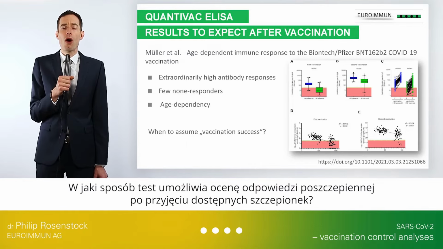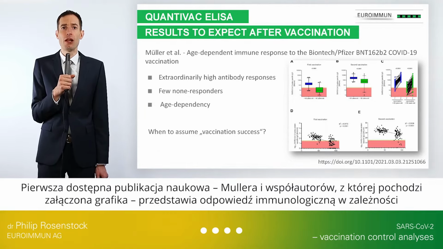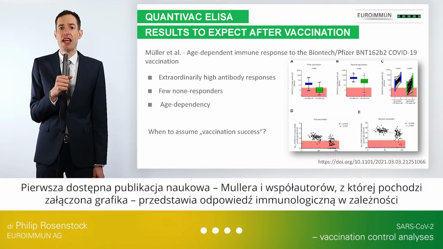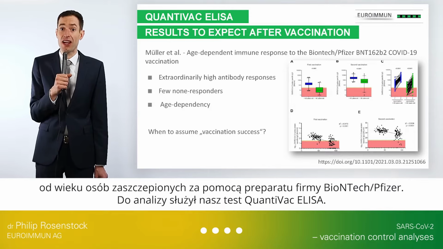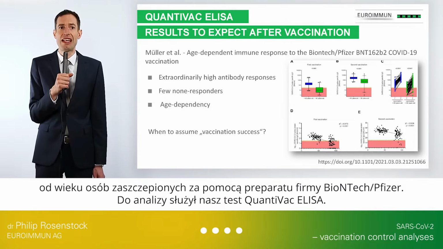Now, how does the assay perform in vaccinated individuals? There are first publications available. This is a picture taken from Müller et al. They checked the age-dependent immune response after vaccination with the BioNTech Pfizer vaccine with our SARS-CoV-2 Quant-T-Cell ELISA.